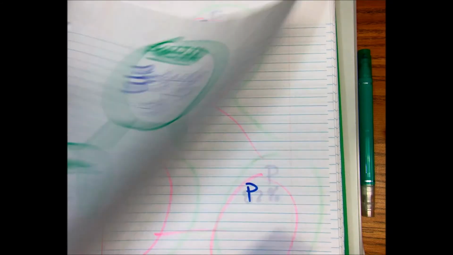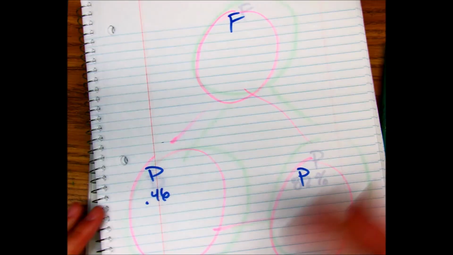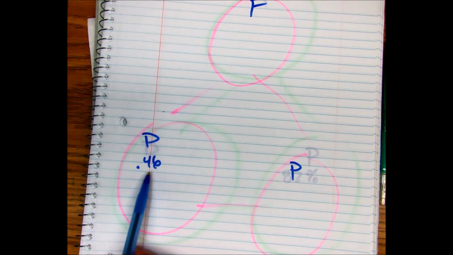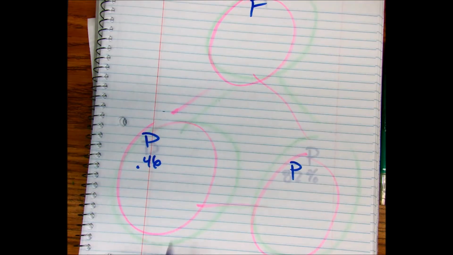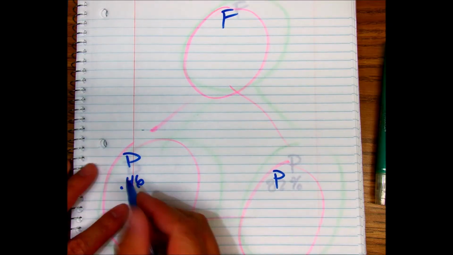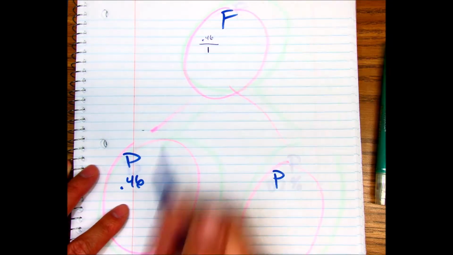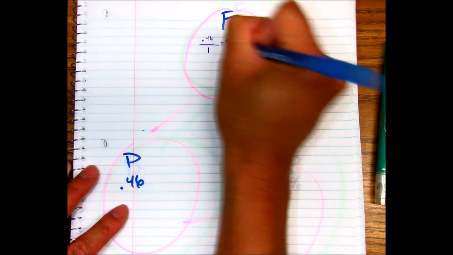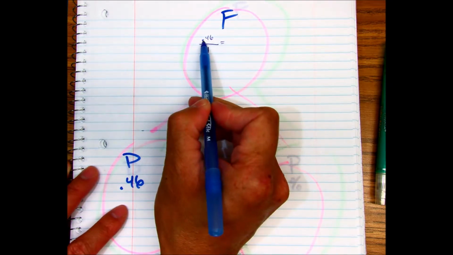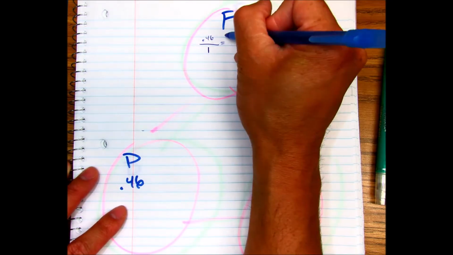Let's try another one. How do I go from 0.46 as a decimal to a fraction and to a percent? If I want to go to a fraction, you can just put 0.46 over 1. You can make any number a fraction by putting it over 1. Then notice you'll have to move this 2 places. So 2 places represents 100.